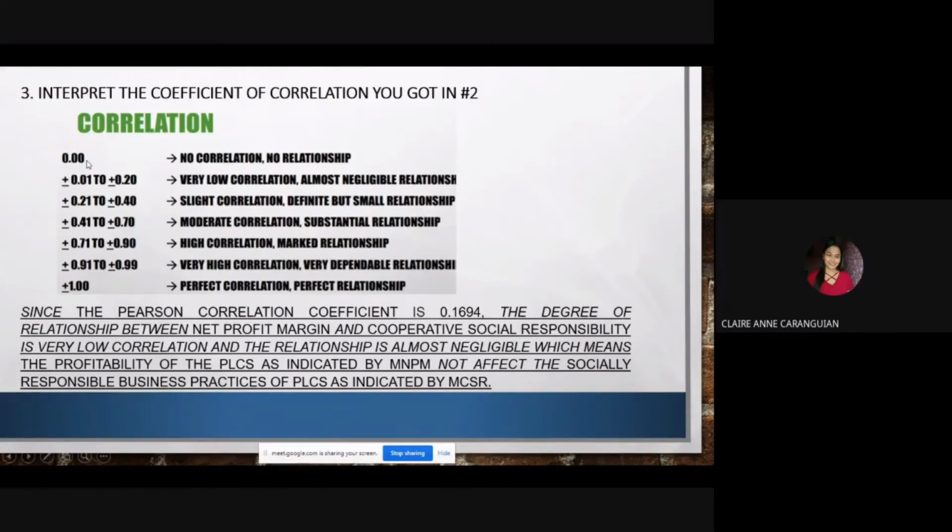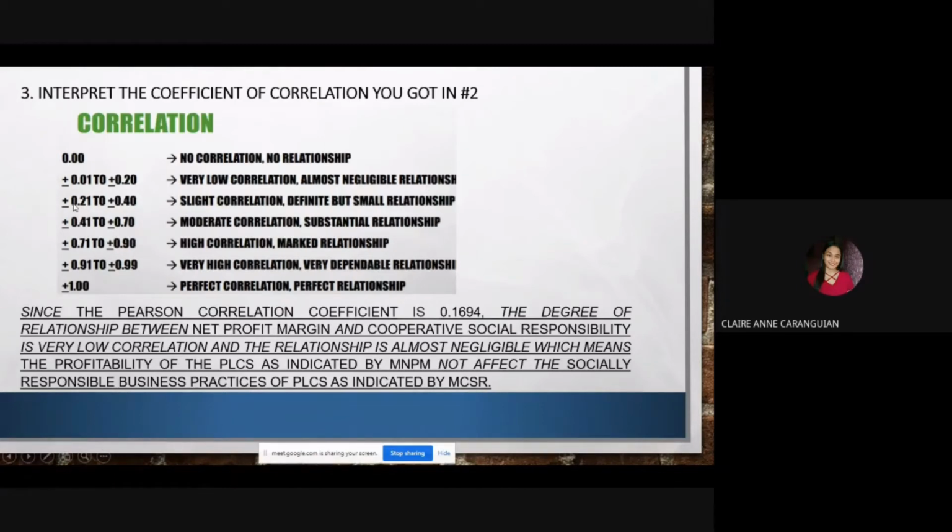If it is 0.0, that means no correlation, no relationship. Positive or negative 0.01 to 0.20 is very low correlation, an almost negligible relationship.